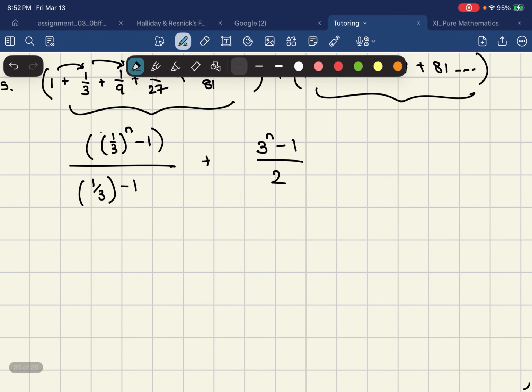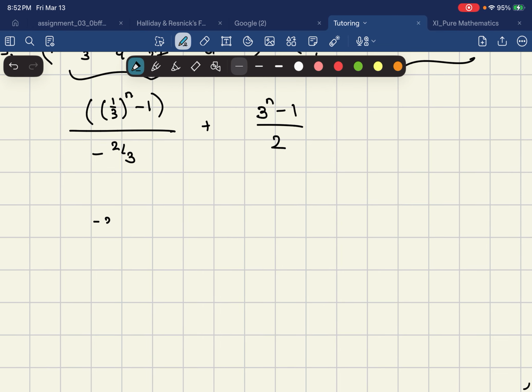So now I want to write this term a bit more cleanly. 1, I can write it as 3 over 3. So 1 over 3 minus 3 over 3 is actually negative 2 over 3. And I can take the negative 3 to my numerator. I have negative 3 to the power minus n, right? Because 1 over 3 is just 3 to the power negative 1, times n, which is 3 to the power negative n, minus 1, plus 3 to the power n minus 1, divided by 2.